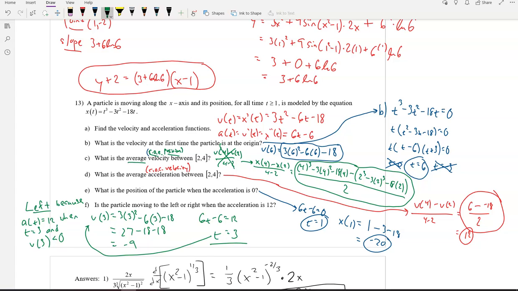So feel free to use those legitimate math symbols in your justifications if you have to justify something. All right.